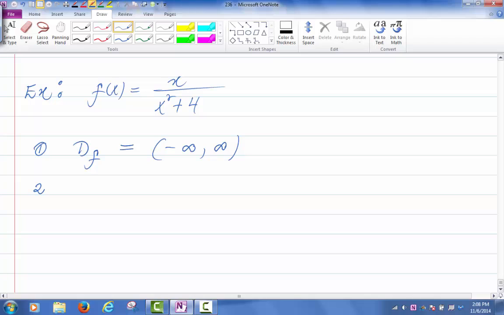The second question that I want to ask is, find the horizontal and vertical asymptotes of the function, if there are any. That is, determine the terminal behavior.